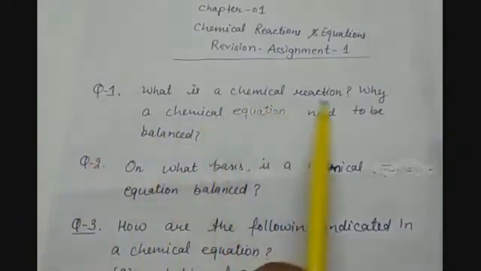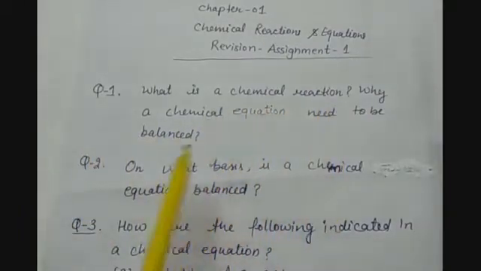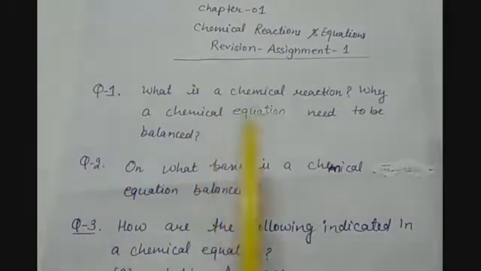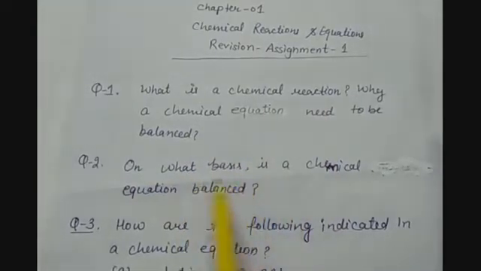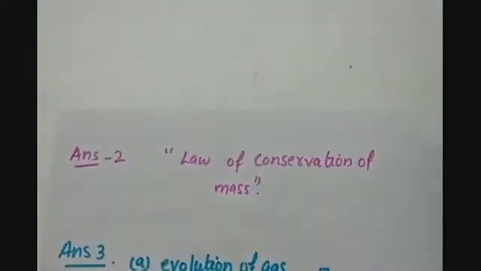The second part of the first question and the second question have the same answer: why a chemical equation needs to be balanced, and on what basis a chemical equation is balanced. So dear students, the balancing of chemical equations is done on the basis of the law of conservation of mass.